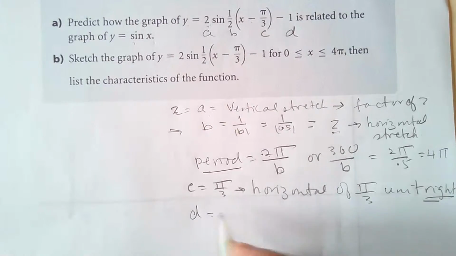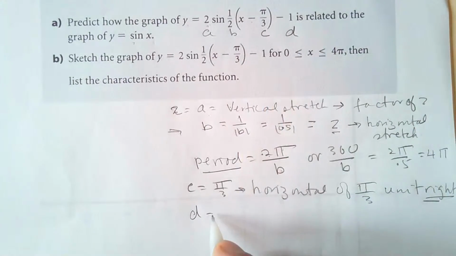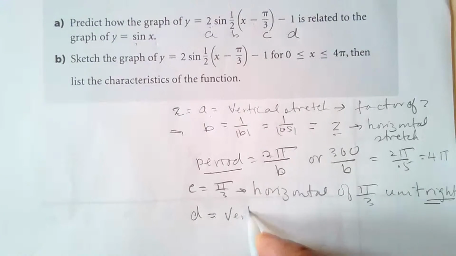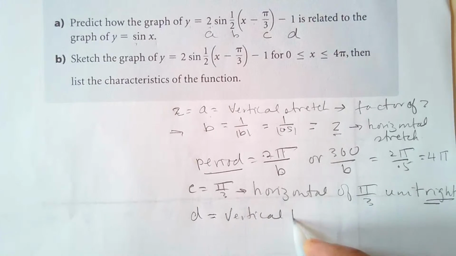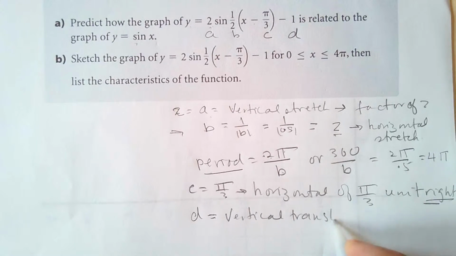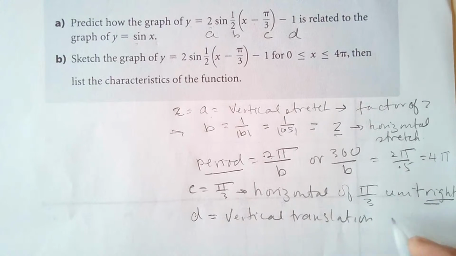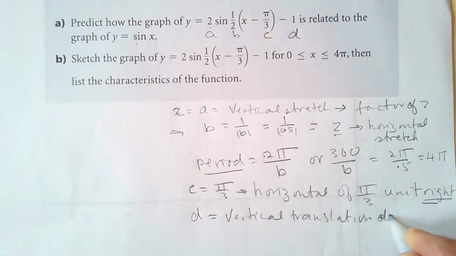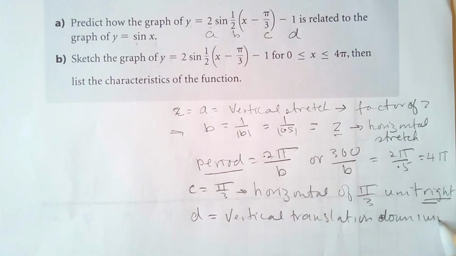And the D is your vertical translation, which is down 1 unit.